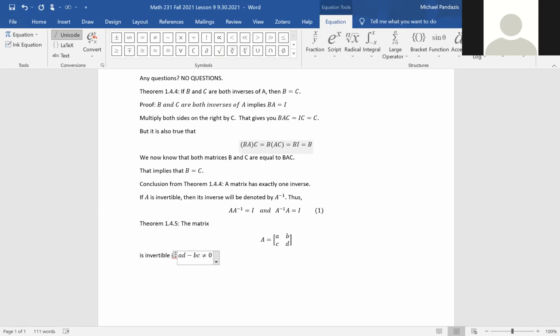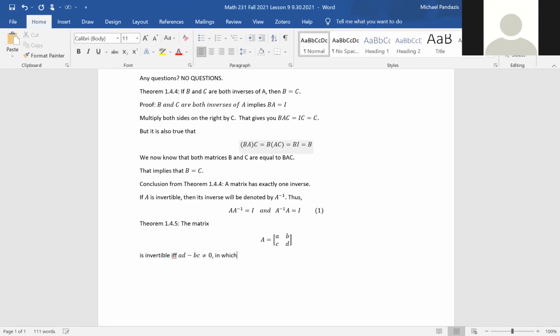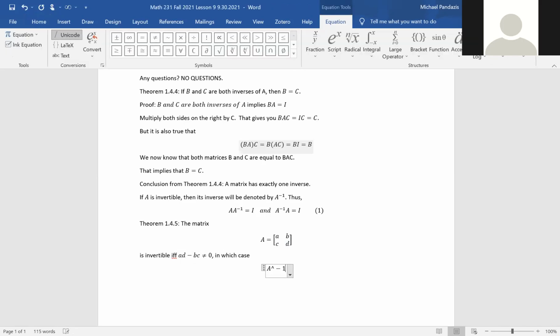In which case, the inverse of that matrix is equal to 1 over AD minus BC times the matrix where you switch the entries on the main diagonal, A and D, so this becomes D and A, and then you negate the ones off the main diagonal, so this becomes negative B and negative C. That's how I remember it.